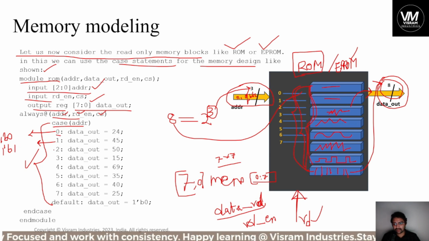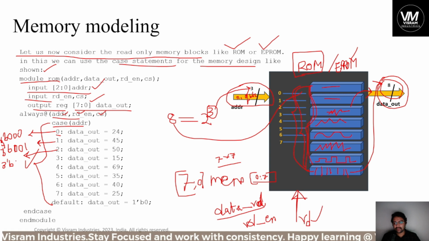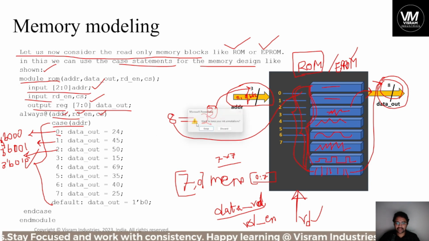Or you can write 3-bit binary 000, or 3-bit binary 001. 2 can be represented as 3-bit binary 010. So let me write that for you.